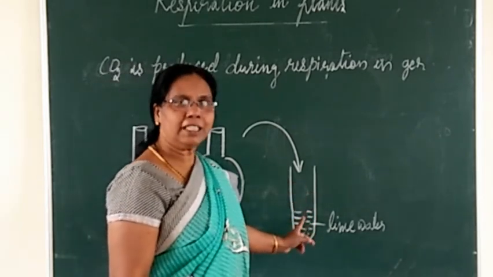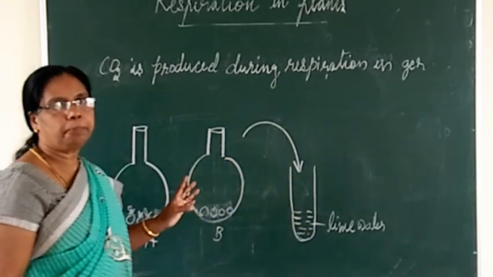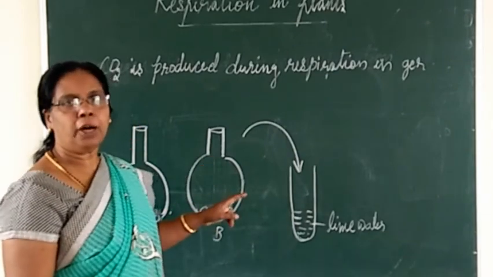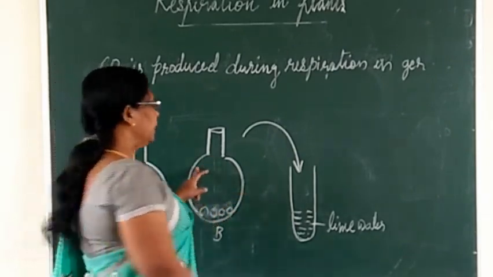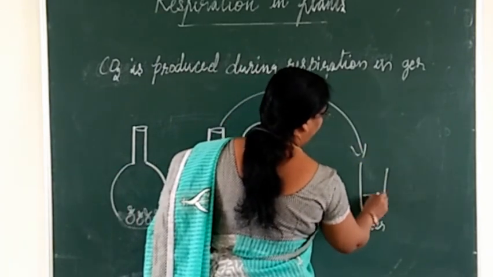So lime water turns milky, that shows the presence of carbon dioxide. In the second case, with B round bottom flask, you have to do the same in another test tube containing lime water.